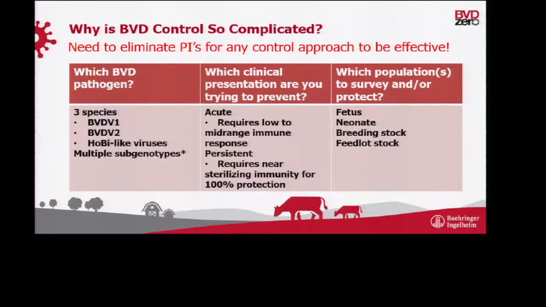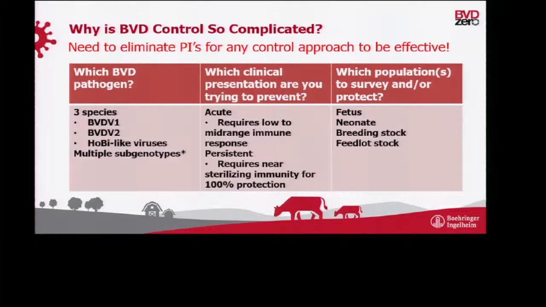So if you're talking about detection, you have to determine which species is in the population that you're surveying. You have to know your region, and you have to use a test that'll pick up the viruses that are in your geographic region.